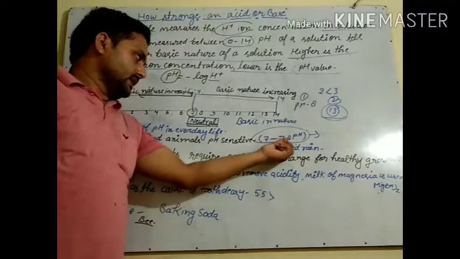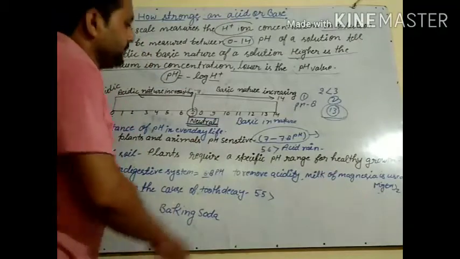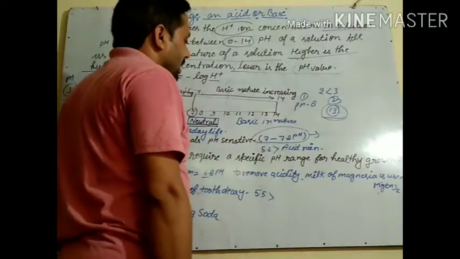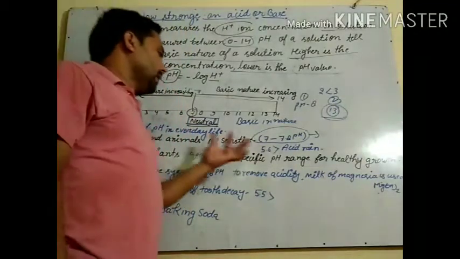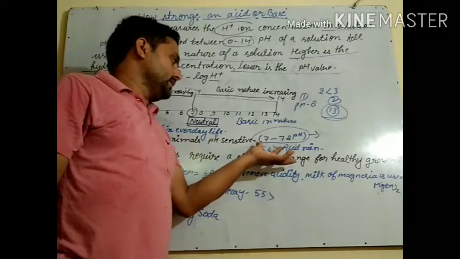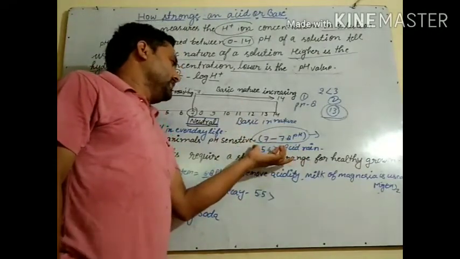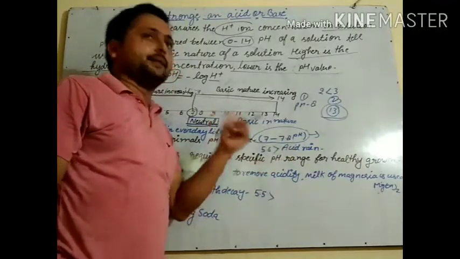At 7 to 7.8 pH we can survive. You have also seen that due to acid rain, the life of aquatic animals becomes difficult, and fishes and other aquatic animals are dying because acid rain lowers the pH value of water, and that causes death of the aquatic animals.